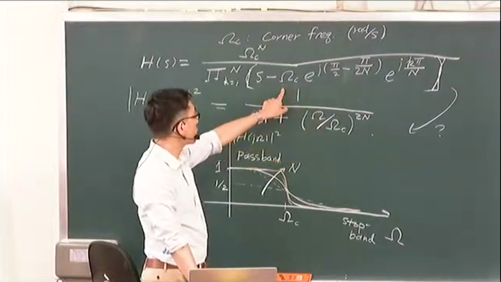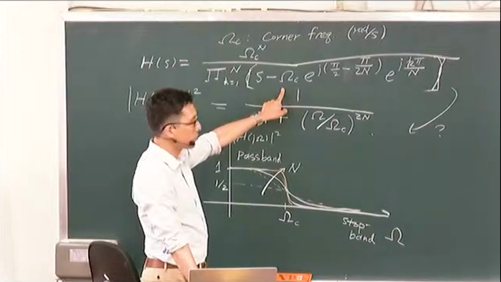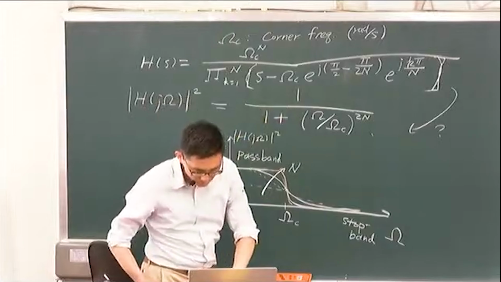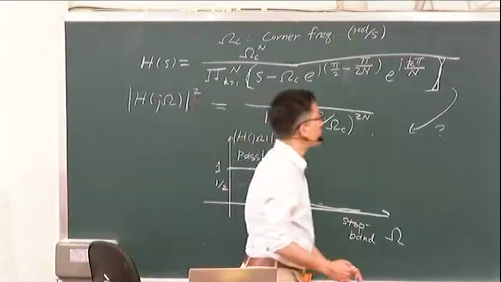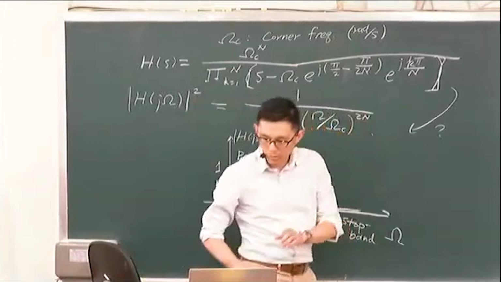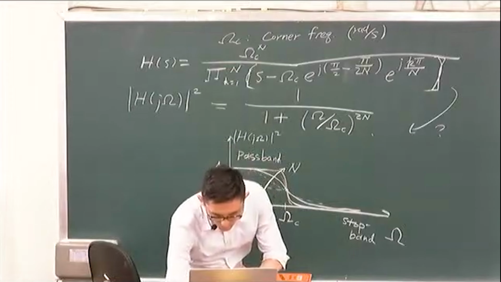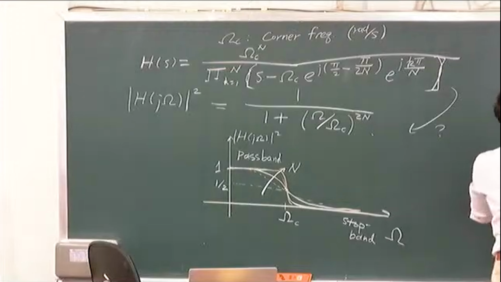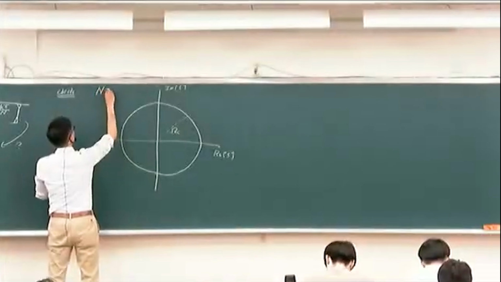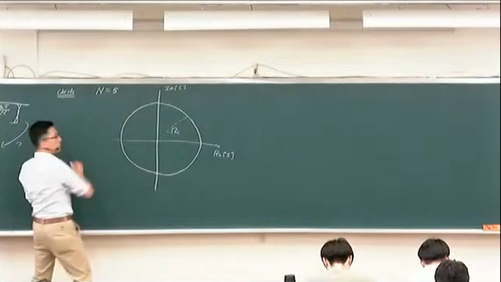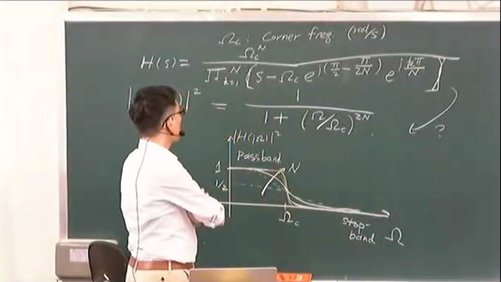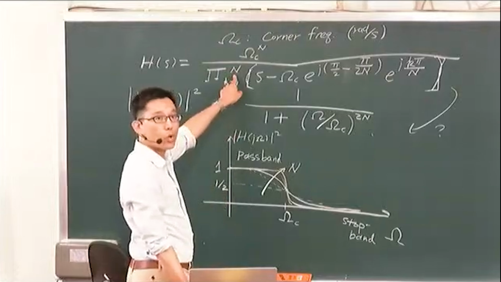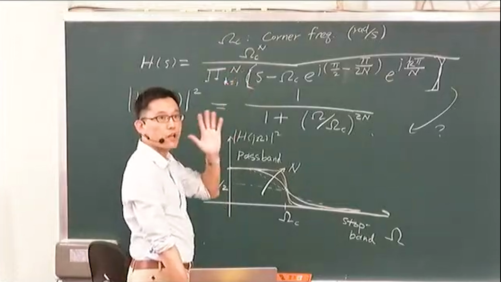But the angle, so let's use an example. For example, if n equals 5, then this is going to be a 5th order polynomial having 5 roots.